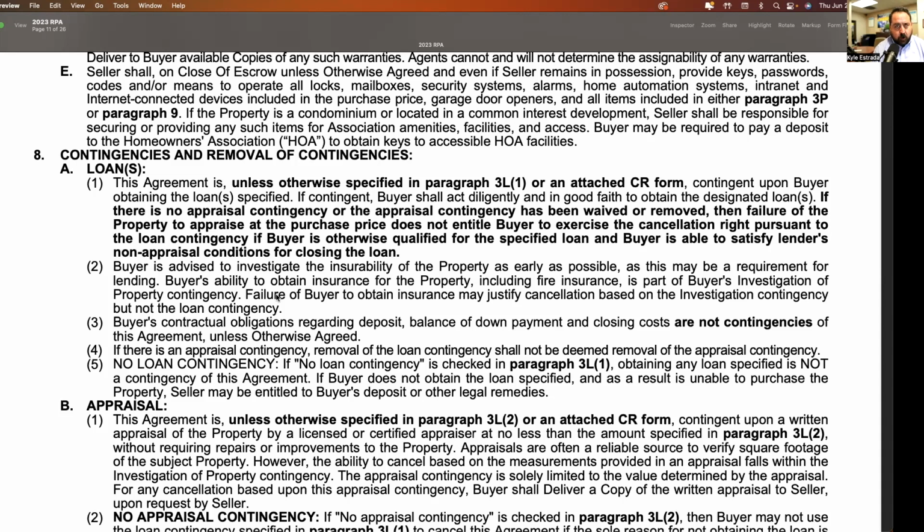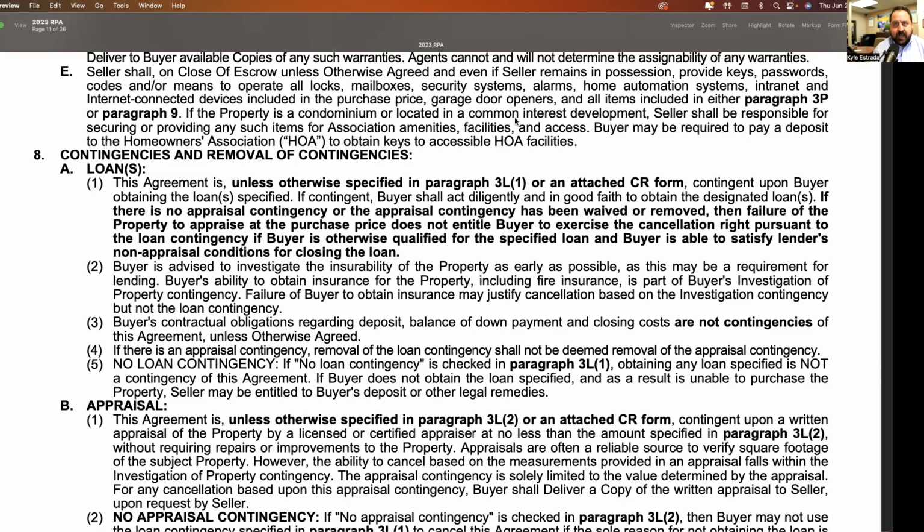So we've got to be smarter as listing agents, and we have to see through this charade of, hey, I'm going to remove my appraisal contingency, because it's nonsense. We have to start as listing agents getting into the habit of having conversations with our sellers about why the process exists, what has to happen when somebody submits an offer without an appraisal contingency, and what that means and doesn't mean.